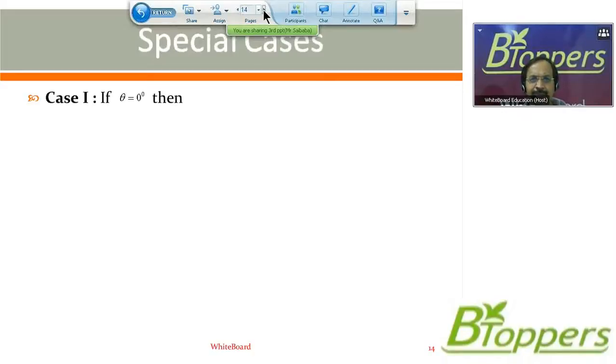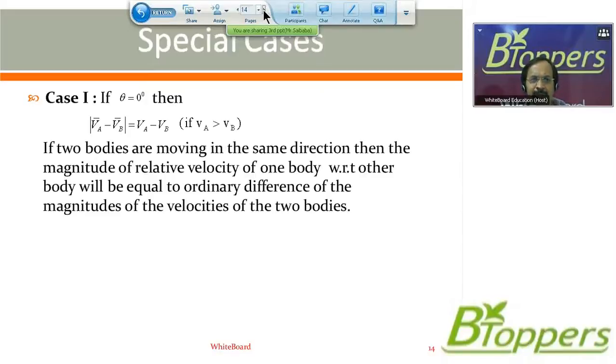Looking at the special cases, if theta is 0 degrees, then you get mod of VA bar minus VB bar equal to VA minus VB, if VA is greater than VB. That means if two bodies are moving in the same direction, then the magnitude of the relative velocity of one body with respect to the other body will be equal to the ordinary difference of the magnitudes of the velocities of the two bodies.